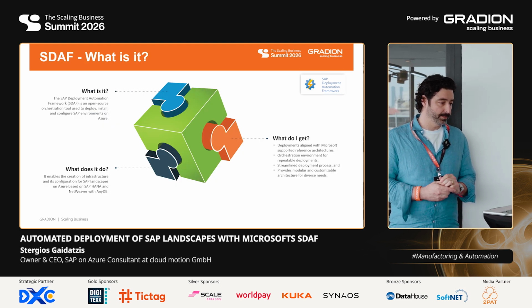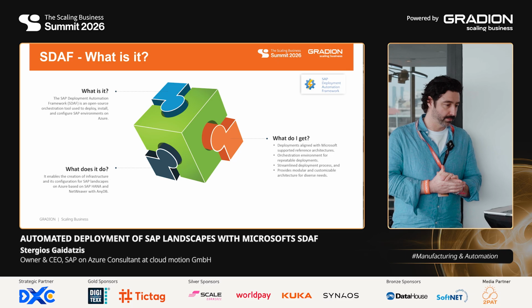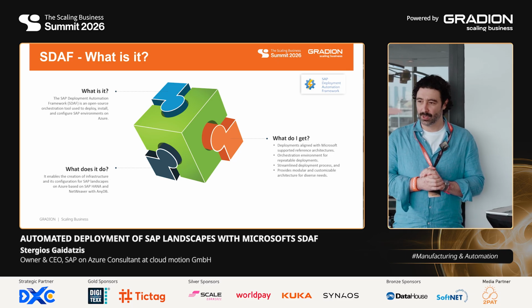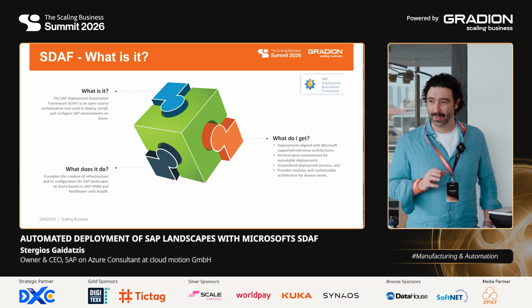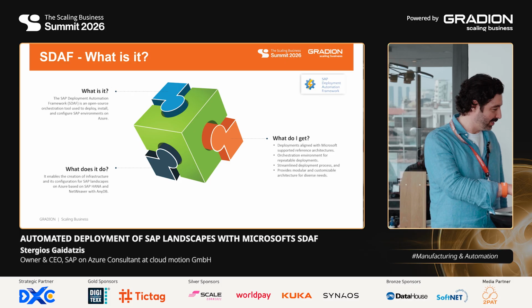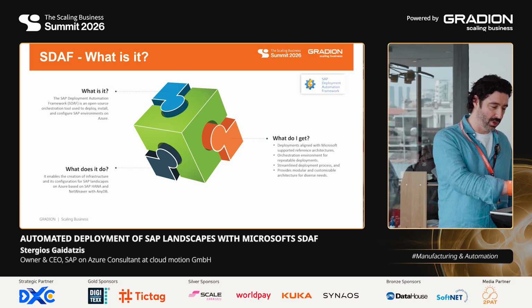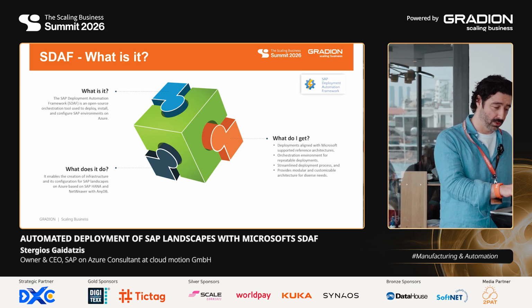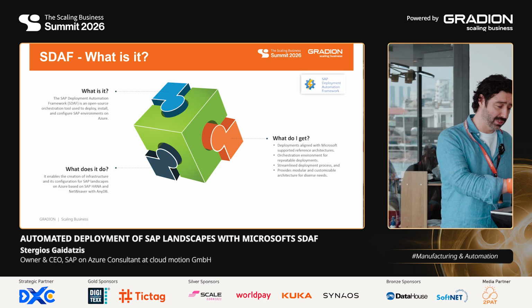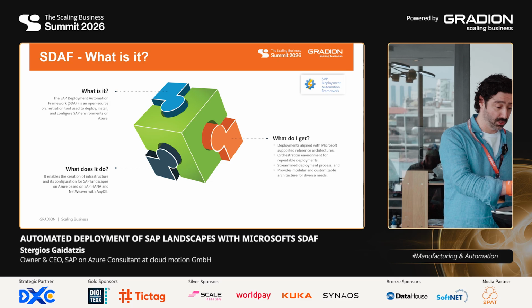I read it out loud here because I don't want to make a mistake. So the SDAF improves the deployment and configuration of SAP workloads on Azure. It leverages infrastructure as code, streamlined operation, enhancing efficiency and reducing manual interventions.